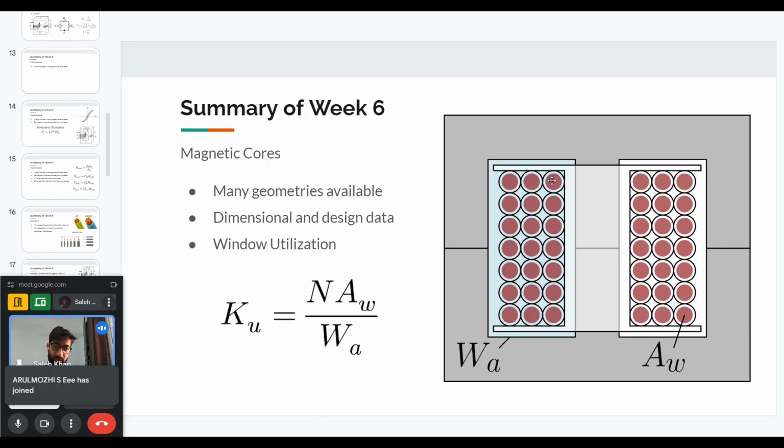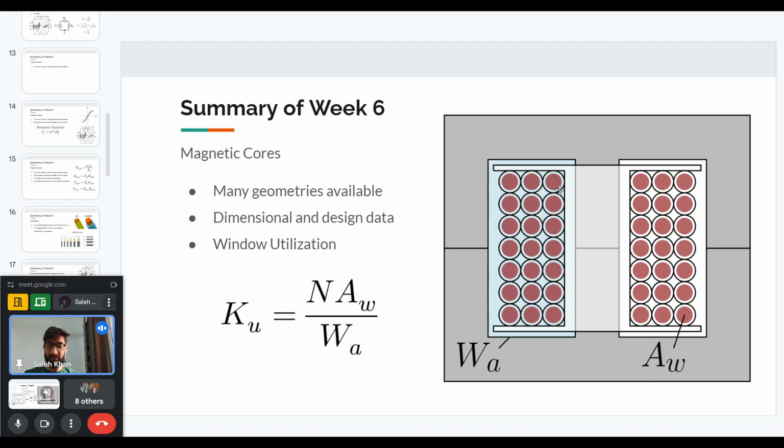And then if you want to have some number of turns, they will be wound together. And as you can see, there will be some spaces left between these turns. And then if the wire area is given, some portion will be left again unused.